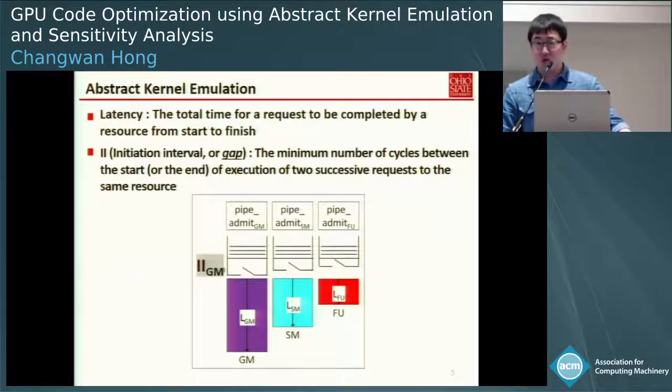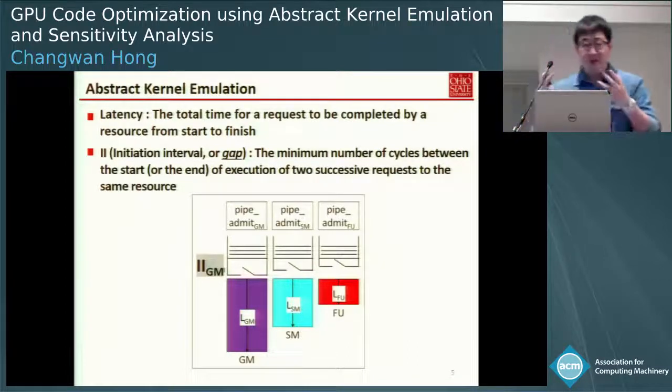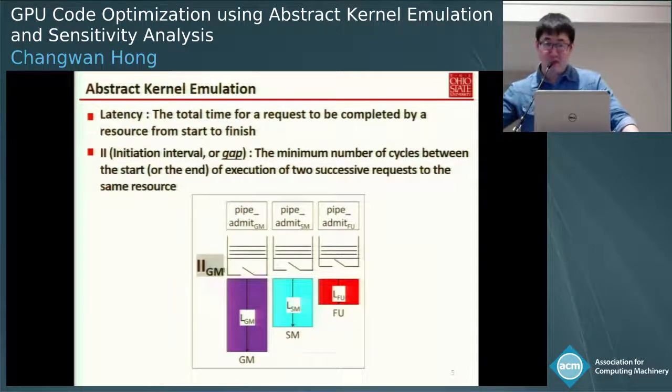Conceptually, each resource has an unbounded queue, and each resource can admit a request every II cycles, and after a request is admitted, it finishes after latency cycles.